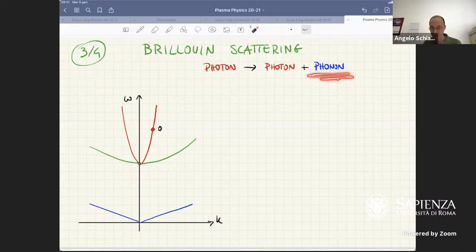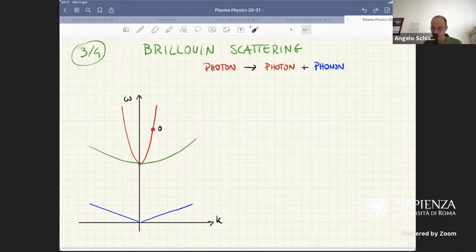This is kind of a particle reaction. So in the final state, we have a phonon. We know that this is the line representing the phonon. So, as I did before, I want to find another photon, so another point sitting on the branch of the photon dispersion relation that can be connected by a phonon.